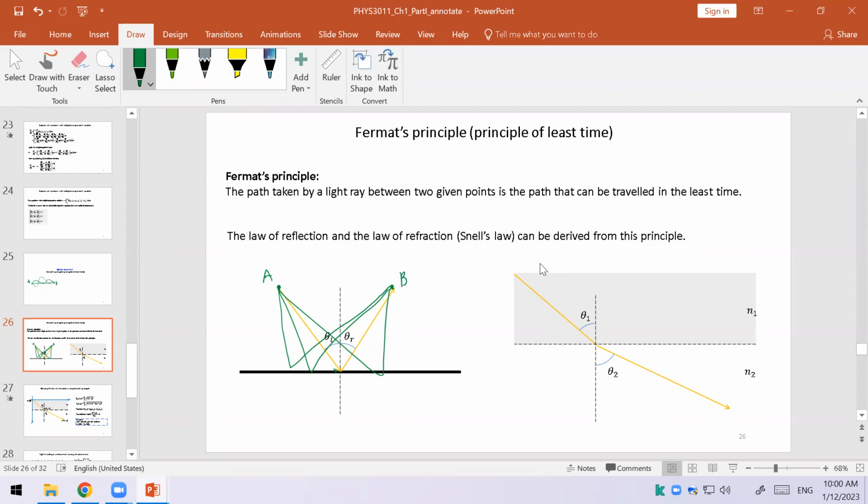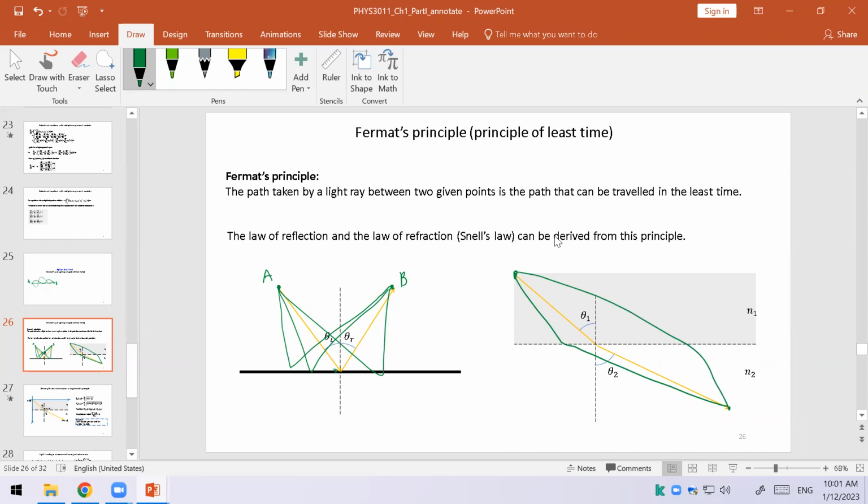Similarly, for the refraction problem, again I have this starting point here and this ending point here, and I ask the same question: which path can the light take to spend the least time to complete the journey? Again, you can have many different choices.